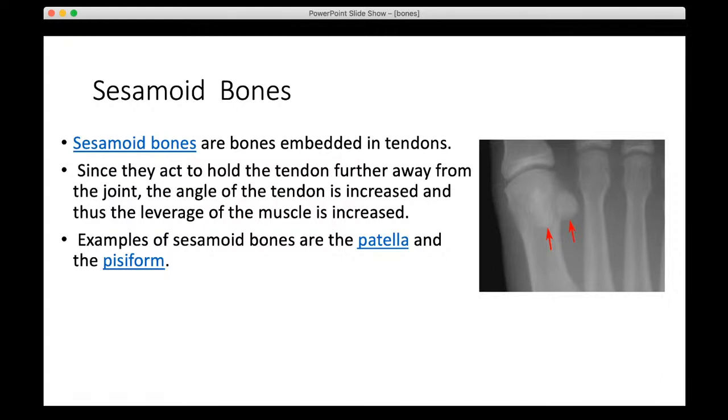This bone helps to create a certain distance, so that the angle of the tendon is increased a little bit. What is the advantage of this? When this angle gets increased, your muscle gets an advantage in movement, contraction and relaxation. So in this way it provides some advantage to the muscles. Sesamoid bones, and examples are patella and pisiform.